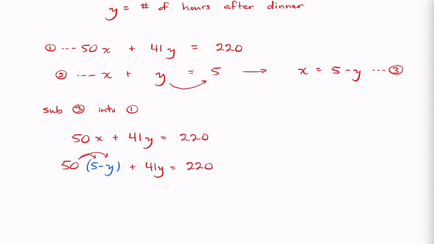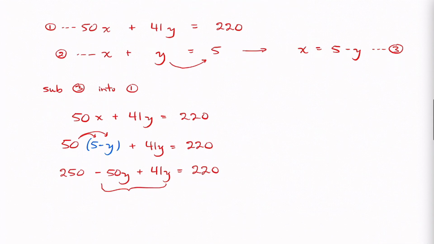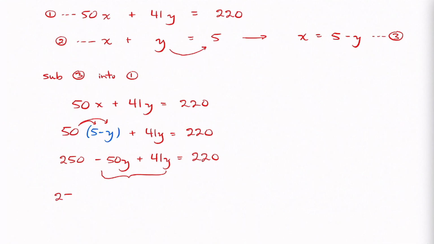So I'm going to have 50 times 5, that's 250, and then 50 times negative y, that is negative 50y, and then plus 41y equals 220. So these are both y's, I can put those together. So I'm going to have 250, and then minus 50y plus 41y, that is negative 9y, then equals 220.